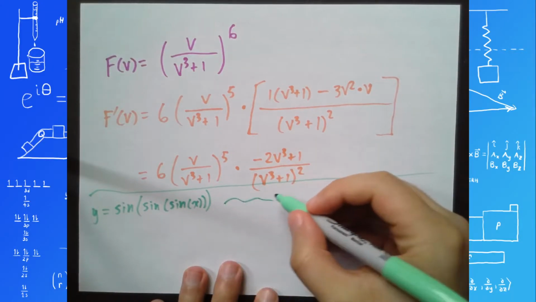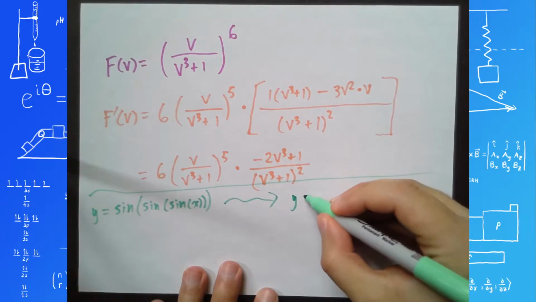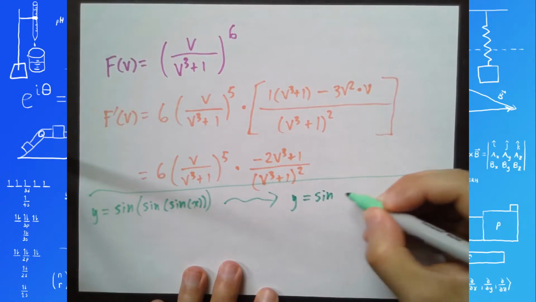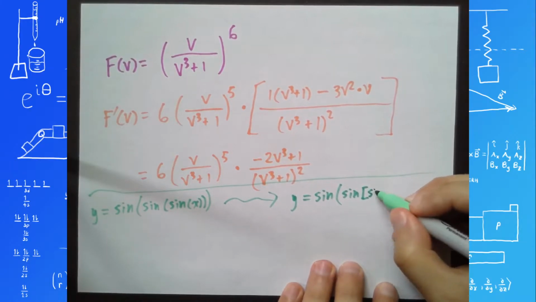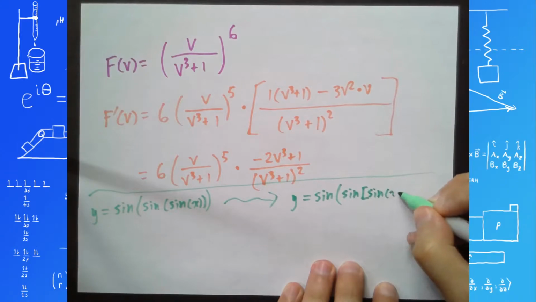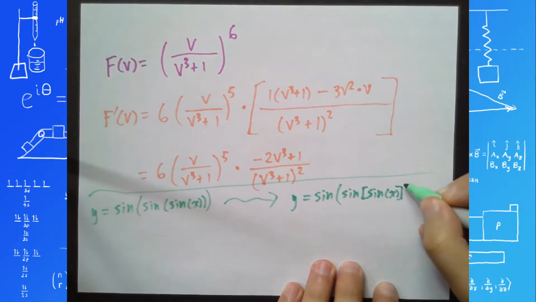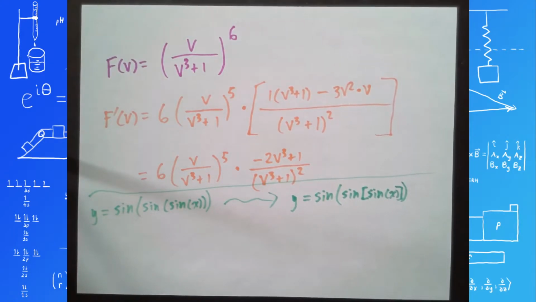So first thing I'm going to do is rewrite this as y equals sine of, parentheses, sine, and then I'm going to use square brackets here, sine of x. And that's just to make it easier to visually keep track of what we're doing and where we're going.